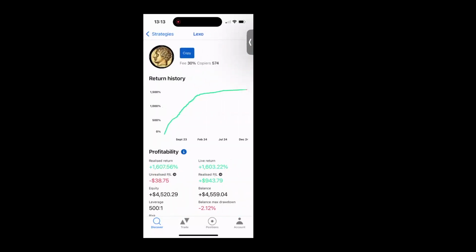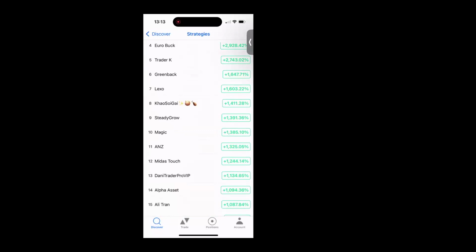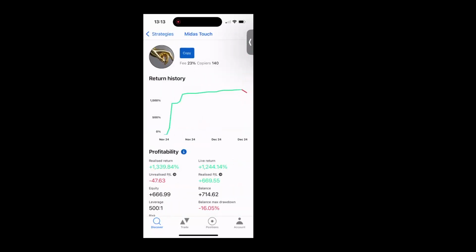You've got Lexo there, and what you'll notice is all of these signal providers' pages have a similar structure, in the sense that at the top you've got a percentage return chart, which shows both closed and open trades. It's based on the time-weighted return methodology of asset management.